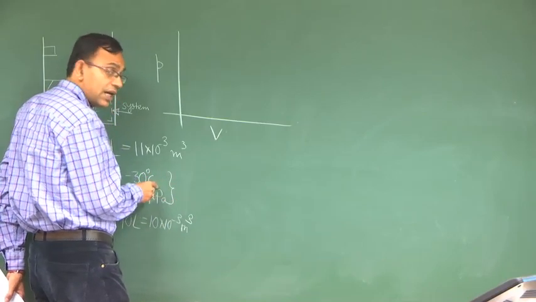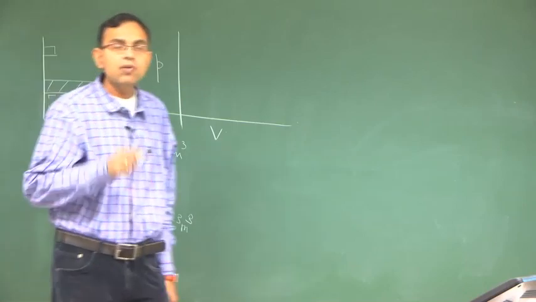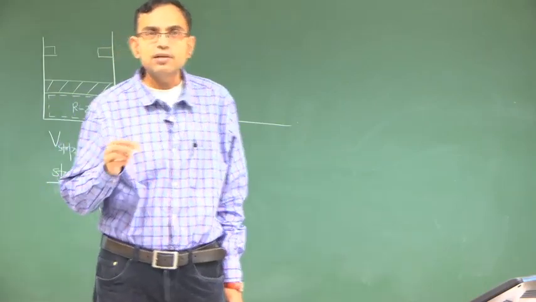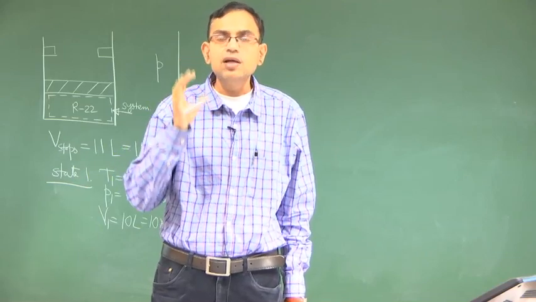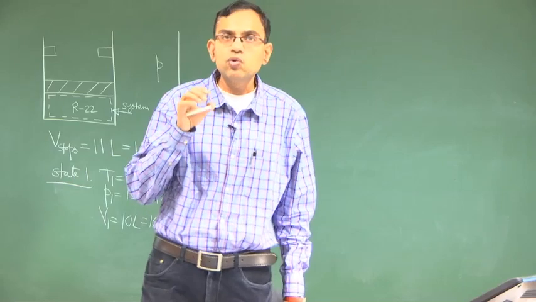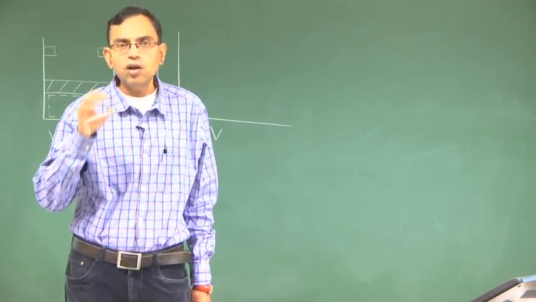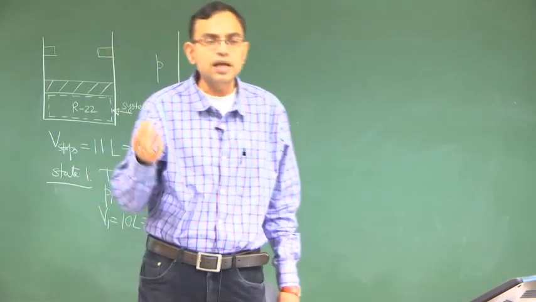So not ideal gas. This is where I want to emphasize that from school level when you come to the college level, this is where in most of the cases you have a confusion. In school level almost all properties related to thermodynamics are corresponding to ideal gases.